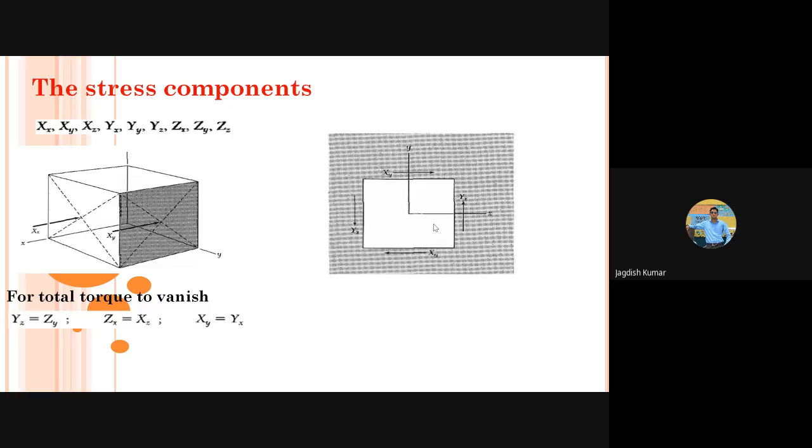Then we need to consider some center of mass, rotational effect and moment of inertia and so on. We don't need to go to the study of these stress components and this complex formalism to discuss even simple rotational motion of a bulk body, a rigid body.